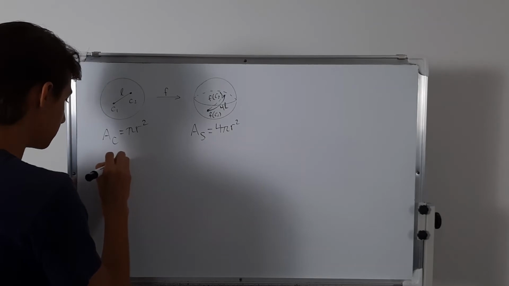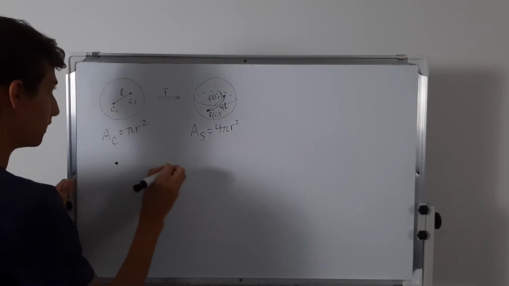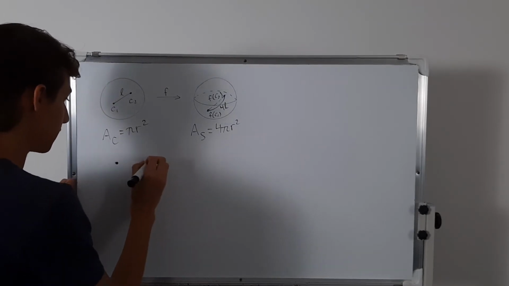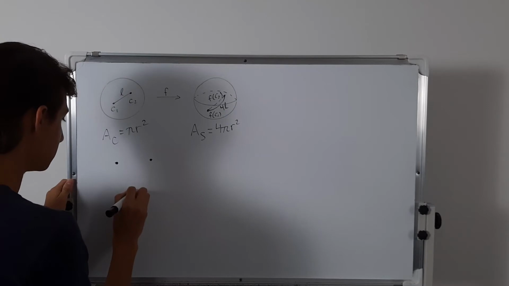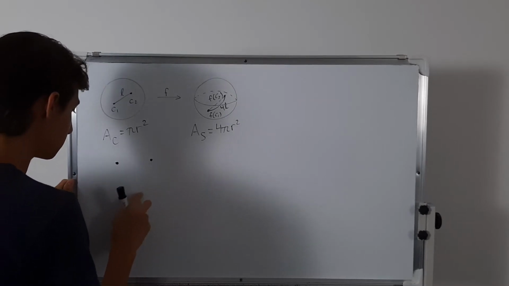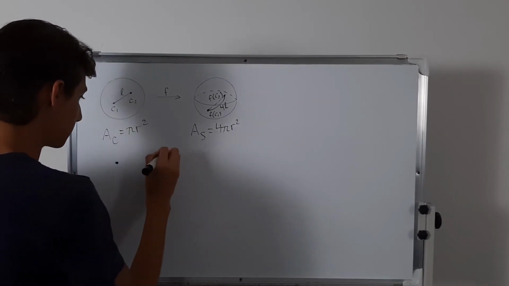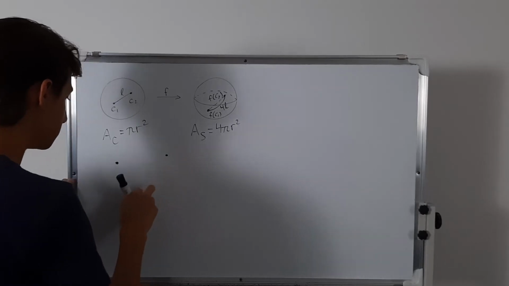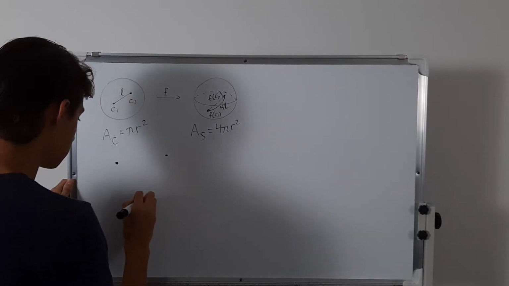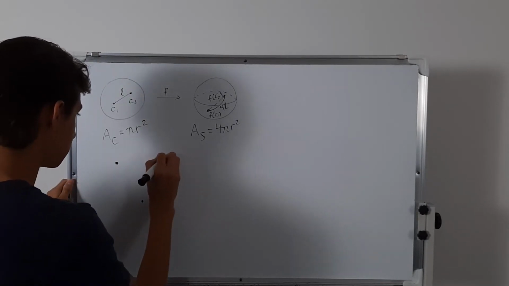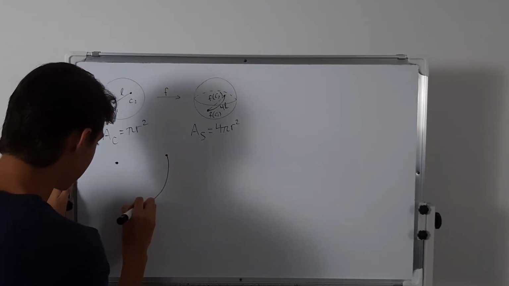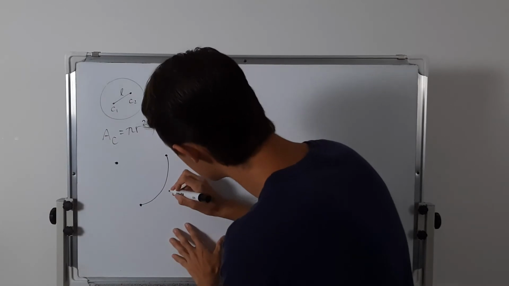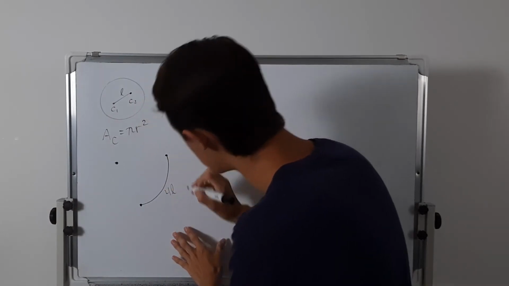And what we're going to have is the center there, and if I draw it similar to how the drawing is, let's say f of c2 is there, and f of c1 is here. Actually, let me make this bigger, because I'm probably going to be drawing on this a lot. So there's f of c2, and here's f of c1, and we said that this distance is 4L, okay?